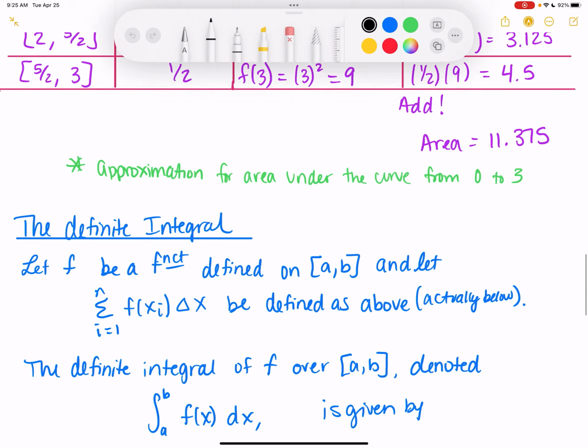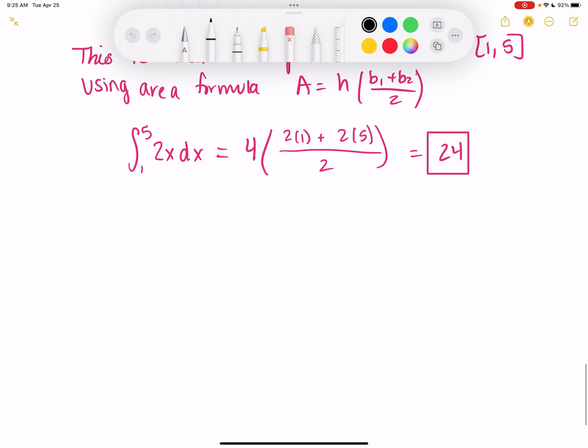All right, so we're starting out with problems like the first example we looked at, where it has distance traveled over a time interval.